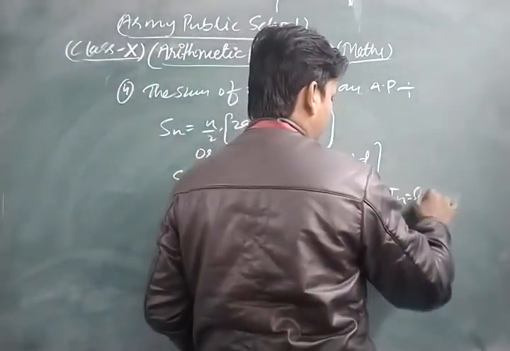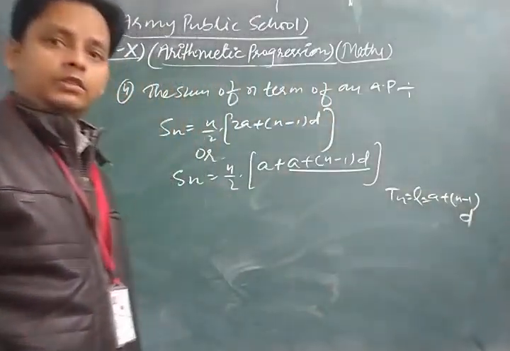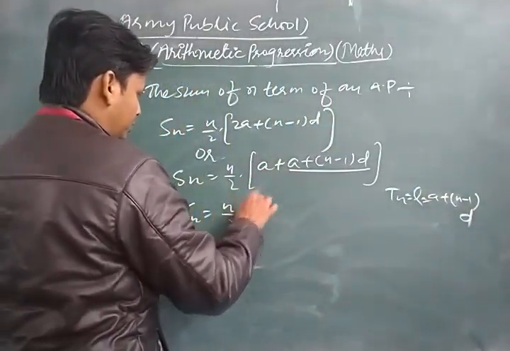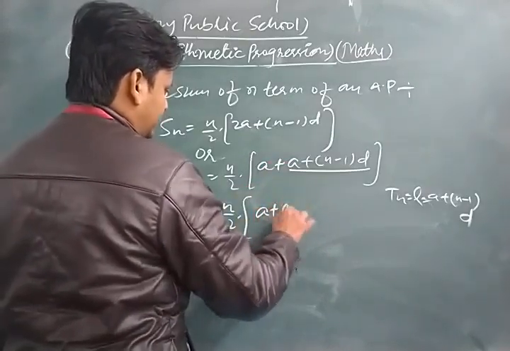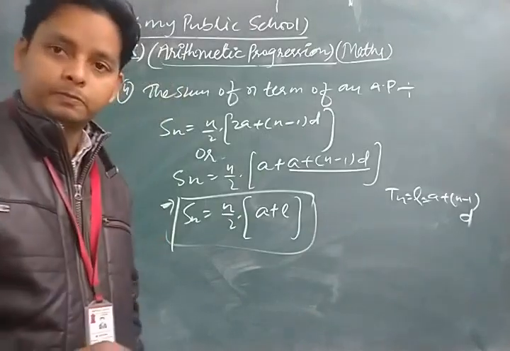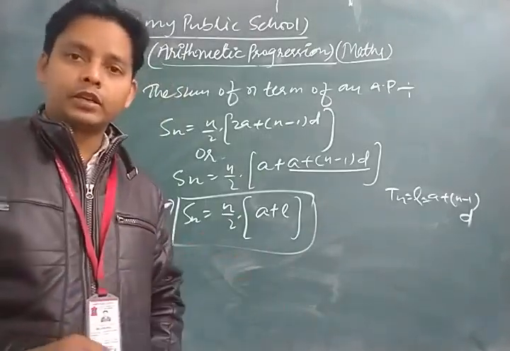Tn is equal to l, which is equal to a plus (n minus 1) into d. So according to that concept, Sn is equal to n by 2 into (a plus l). This is another formula in terms of the first term and last term, to find the sum of n terms of the given AP.